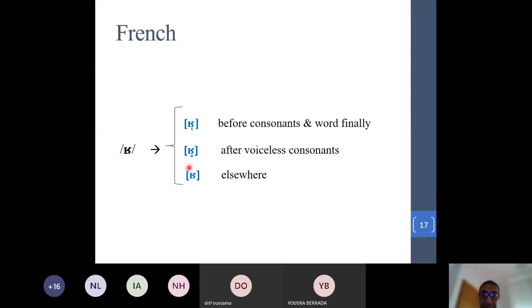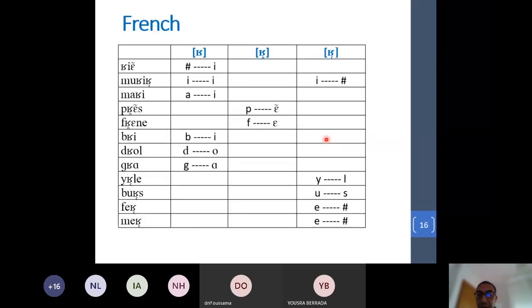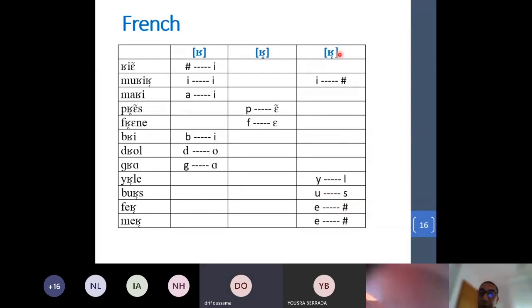This uvular fricative is devoiced when it occurs after voiceless consonants, and it is realized as an approximant when it occurs before consonants and word finally. The approximant occurs before consonants and word finally.